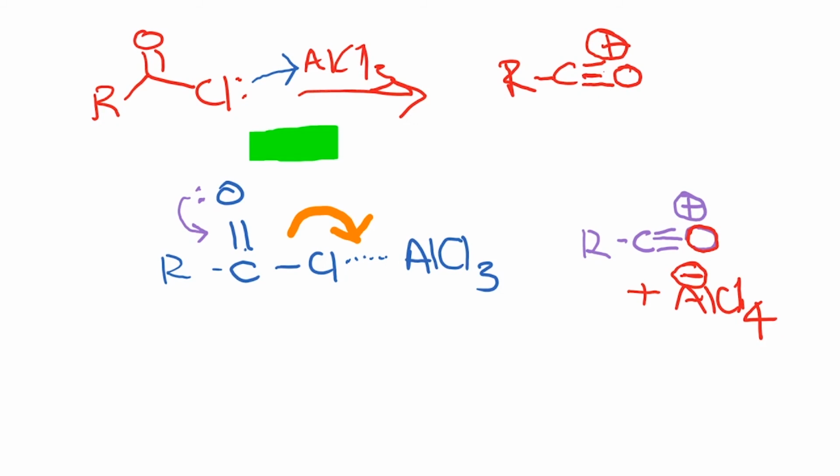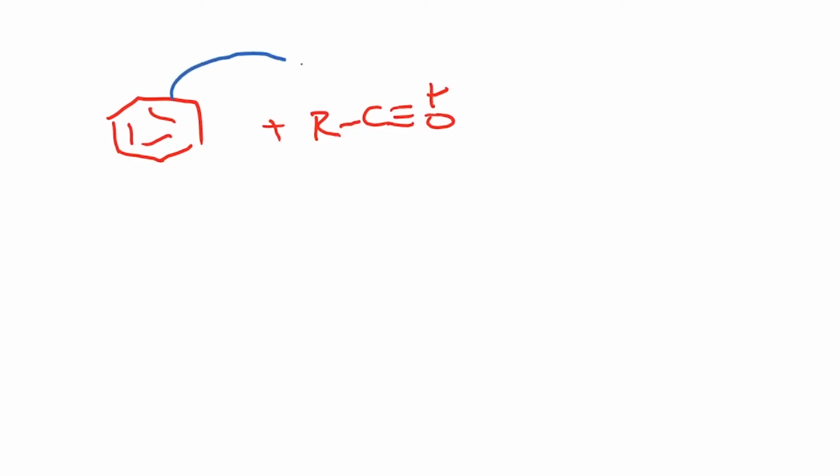Normally if you have water or something, then this is going to get hydrolyzed and give you a carboxylic acid. But since we are dealing with electrophilic aromatic substitution reactions, this intermediate that is produced is going to react with benzene, and you're going to end up with an intermediate such as this.